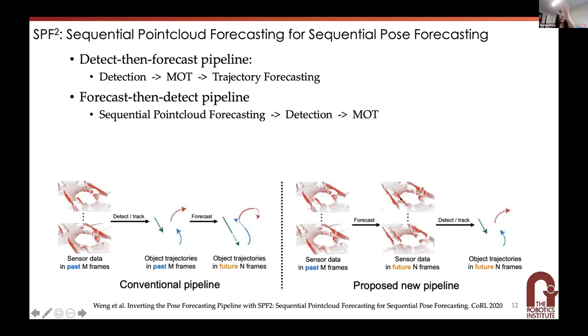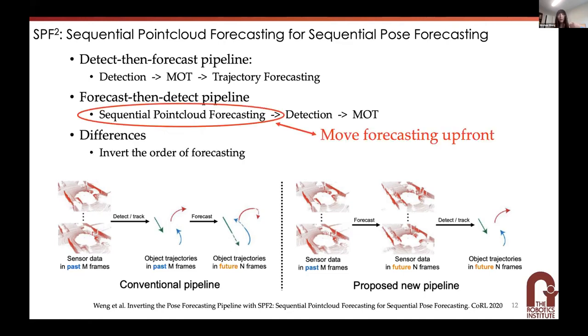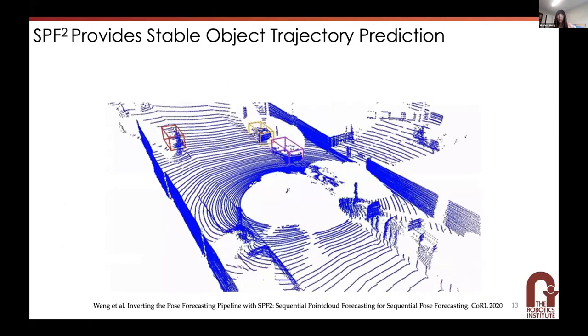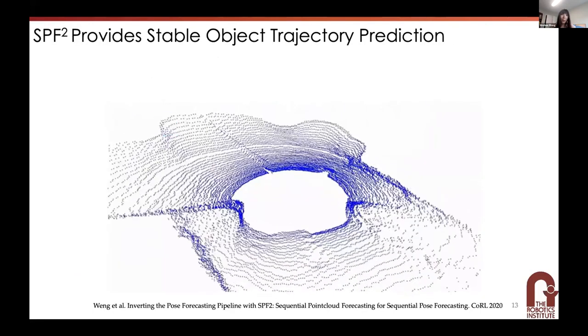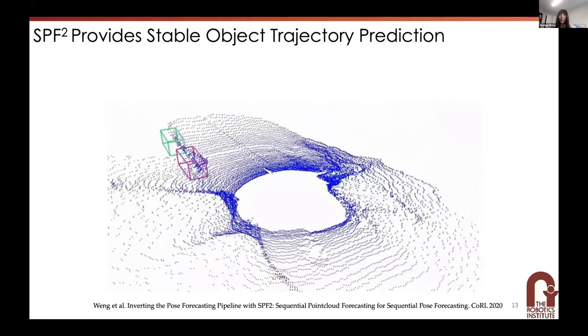You forecast where all the points are going to move in 3D space, and once you forecast that sensor data into the future, you can do downstream detection and tracking that gives you directly the trajectories in the future, not trajectories up to the current frame. So the difference is that we move forecasting up front, and we are forecasting the sensor data, not object positions.